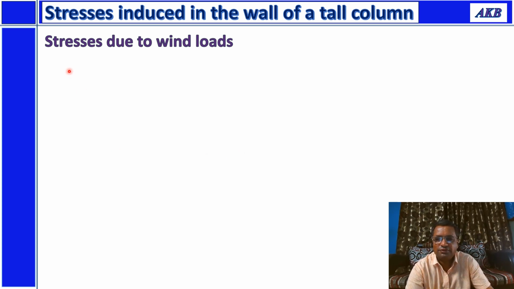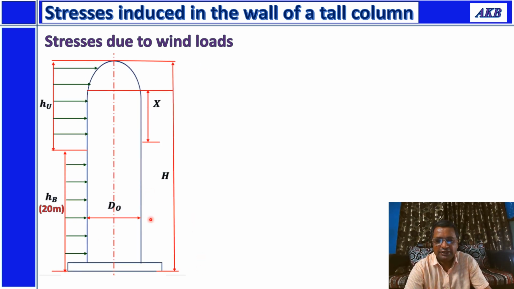Now you also have to consider stresses that may be induced due to wind loads. I'm showing you a schematic diagram where you can see the action of wind on a typical column. So you have a column whose height is h, outer diameter is do, and if the height of the column is more than 20 meters, then for analysis of stresses due to wind load, the column has to be considered in 2 parts.